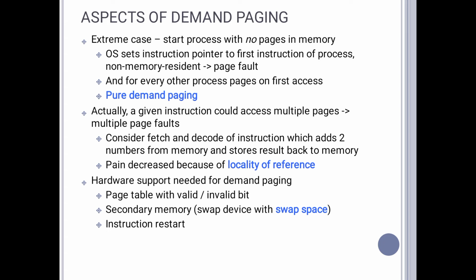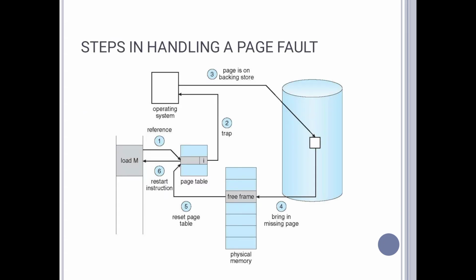Once the page is brought into memory, the process continues to execute, faulting as necessary, until every page that is needed is in memory. At that point it can execute with no more faults. This scheme is pure demand paging: never bring a page into memory until it is required.